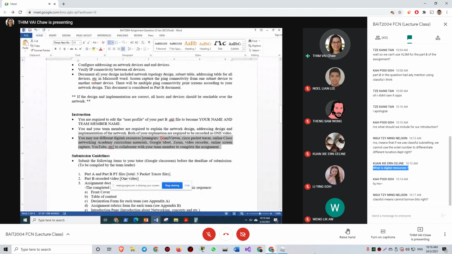So you just explain that you have used TeamViewer, maybe Google Meet, to do a discussion with your teammate and so on. And you also need to do a recording. You need to record your video. That's why you need to mention what kind of video recording software you have used to compose this particular video.